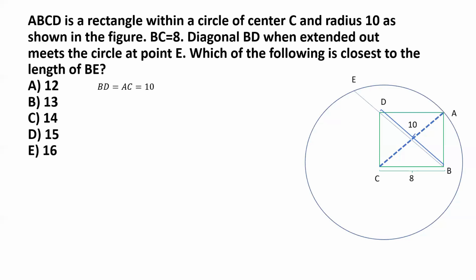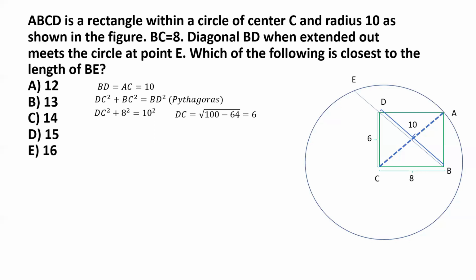So we can apply Pythagoras Theorem, which states that DC square plus BC square is equal to BD square, and then substitute the known values of BC and BD, and then we can solve for DC, and it's very simple to obtain DC equal to 6.